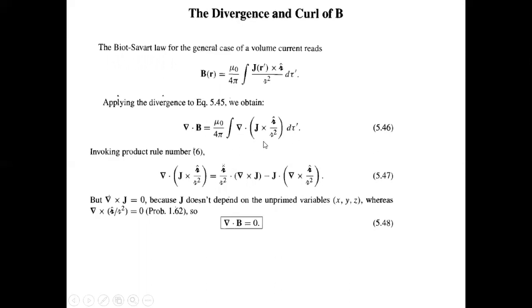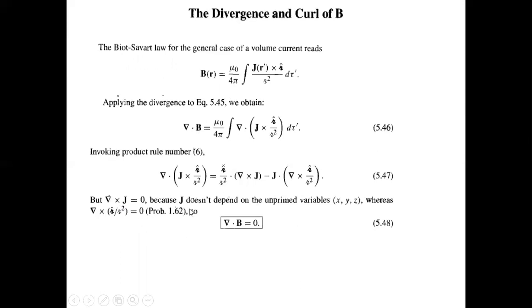Now, if we use this to take the divergence of B, then we find something like this. That can be split, as with vector differentiation, like this. Now the curl of J is 0 because J doesn't depend on the unprimed variables, and this is also 0.